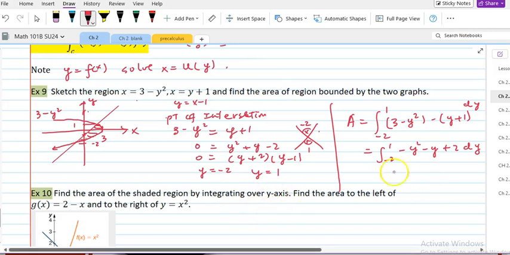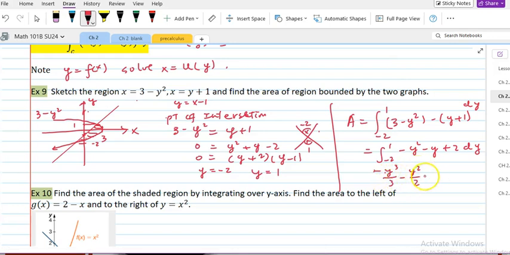Let's do it by hand once. So it'll be negative y cubed over 3 minus y squared over 2 plus 2y, integral from negative 2 to 1.